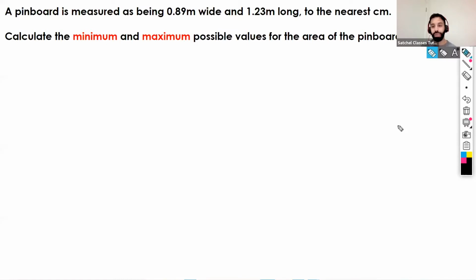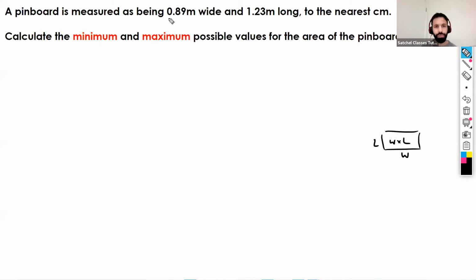So if the pinboard is a rectangular pinboard, what we'll have for the area would be the width times the length. So we want the maximum possible width and the smallest possible width. So once again, we need to work out the bounds for our width and length.